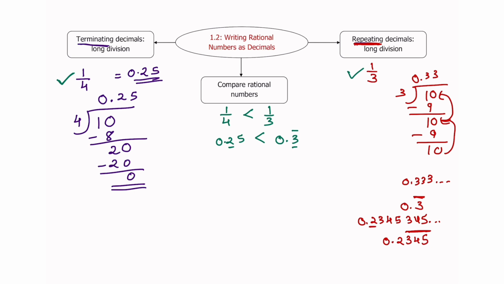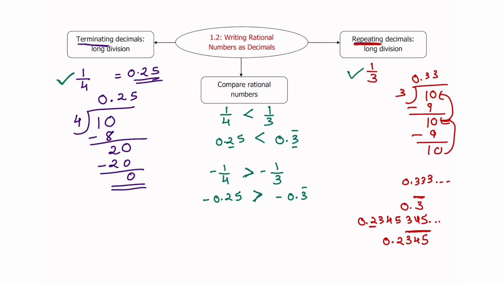What if it was 1 over 4 and 1 over 3 both with negative signs? What's my answer? 0.25 and 0.3 bar, both with negative. Now we know when we have negative numbers, the rule changes, right? So here, minus 0.25 is going to be greater than minus 0.3 bar.